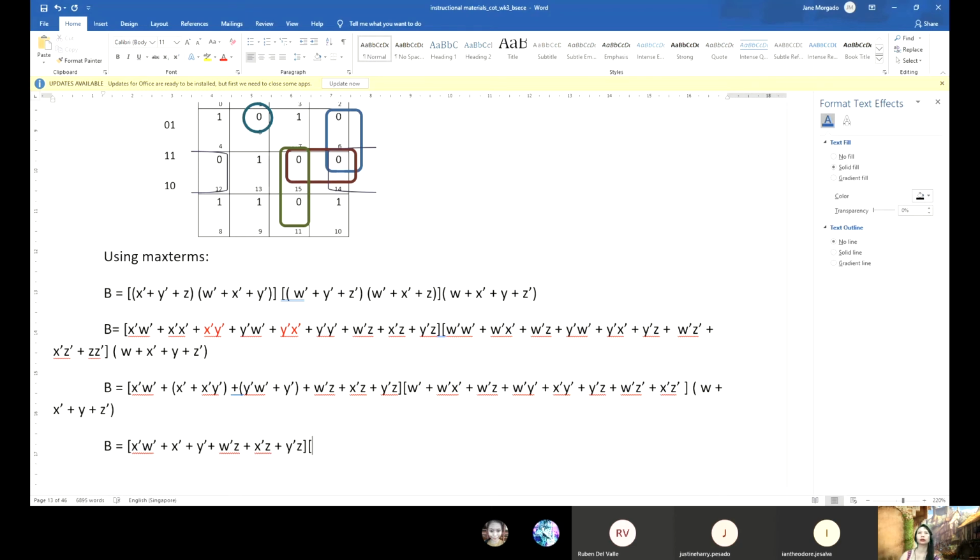Okay. Then let's transfer the y prime z near here. Or let's, okay, this one. Okay, so we have this one. Associate this x prime plus x and then y plus.